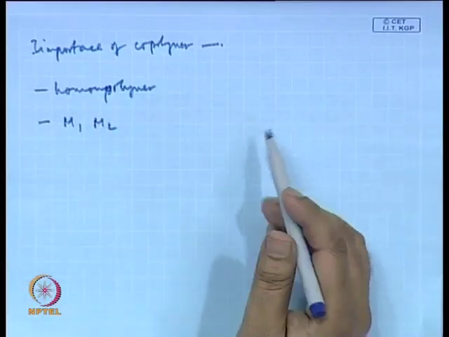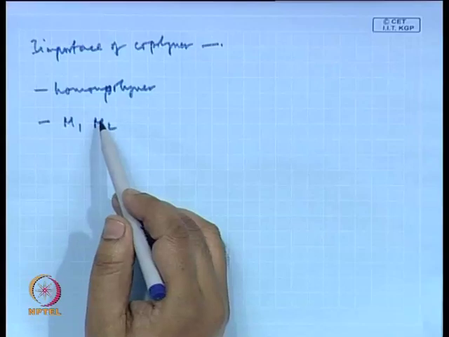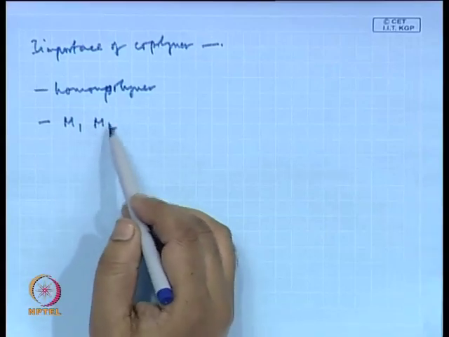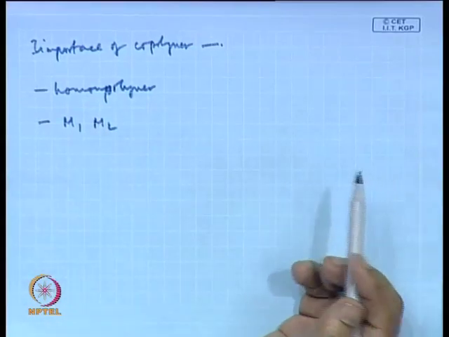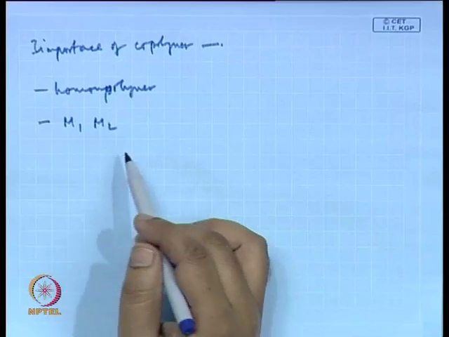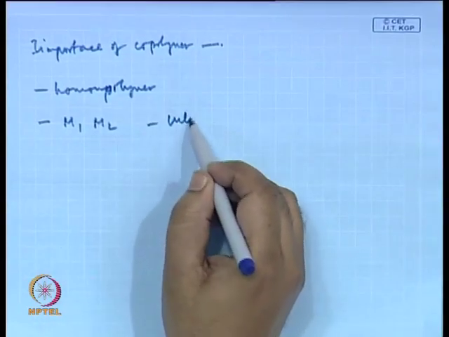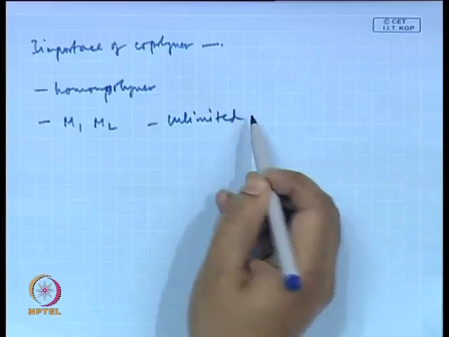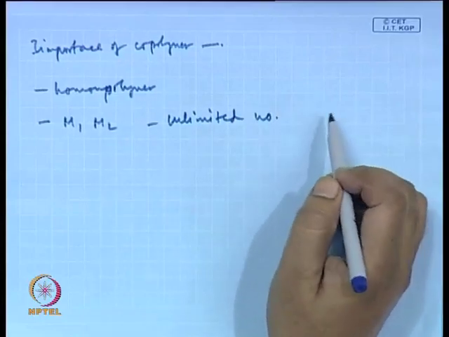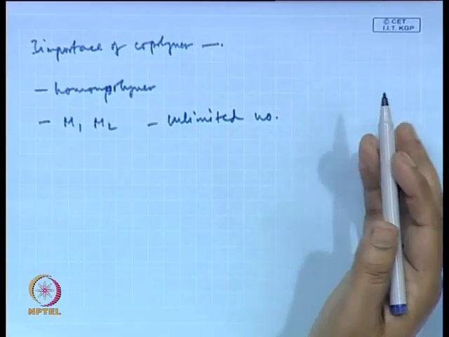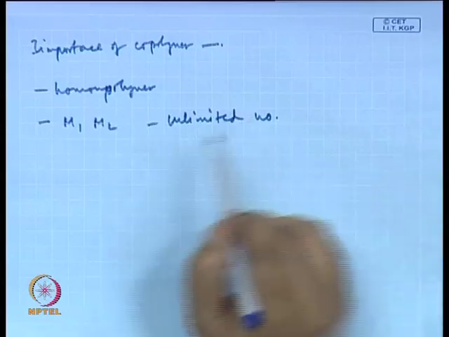So, not only do you have choices of choosing two different monomers from a set of monomers, you also have a choice of making different compositions of the copolymer as well. So, basically there is an unlimited number of copolymers you can make.